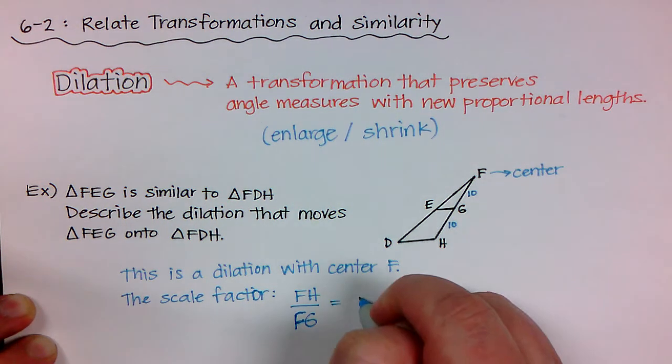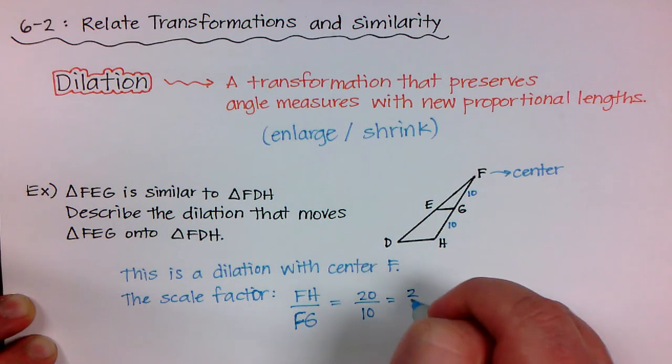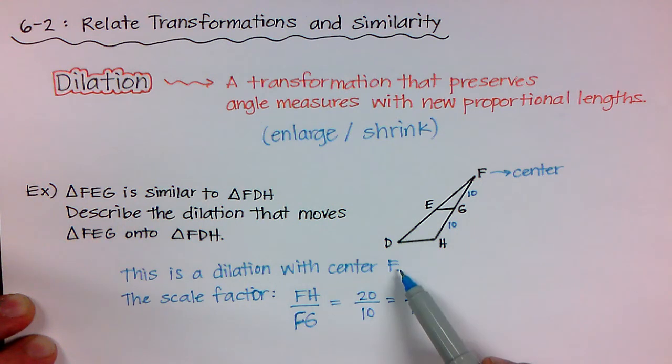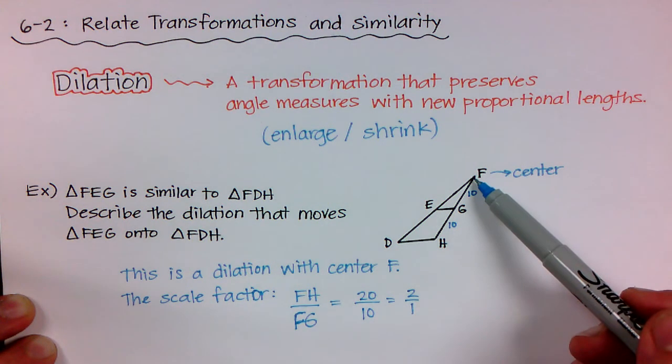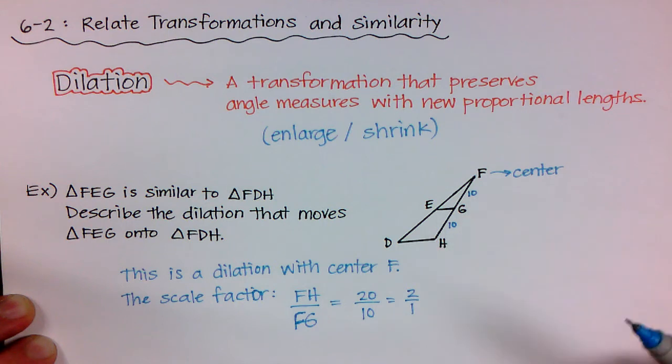So FH is 10 plus 10, which is 20. FG is 10. So it looks like the scale factor is 2 to 1, or it's 2. Okay, so it is a dilation with center F and the scale factor is 2. This is what you would write. That's describing what's happening. It's a dilation starting at F, but the scale factor, it's enlarging by 2.